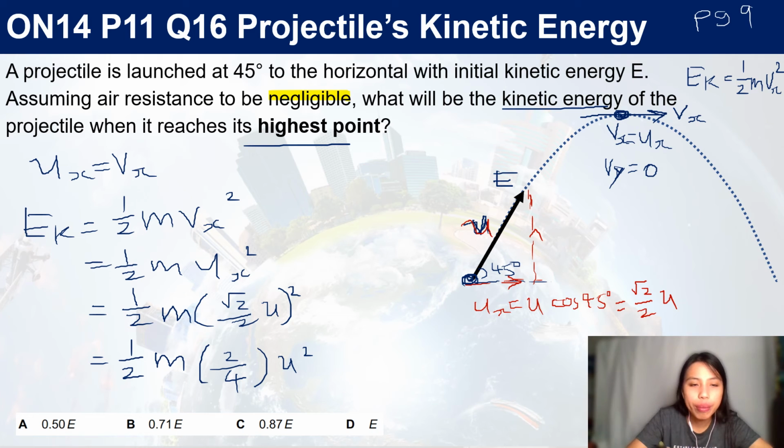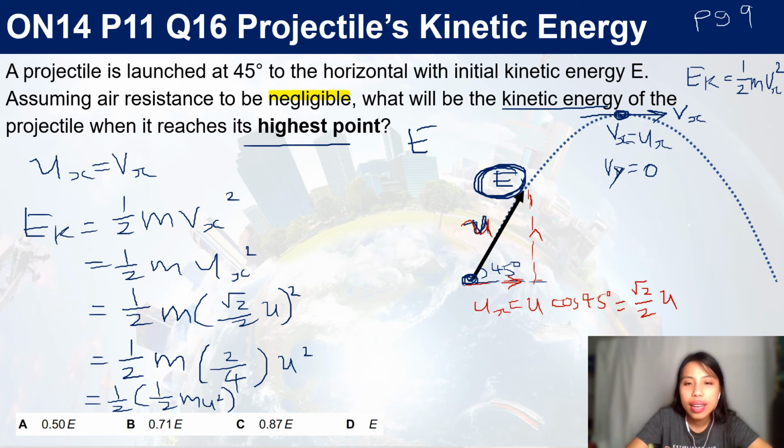Okay, you're like, wait, that's nowhere near what we're trying to find. How do we get there? Well, we're almost there. If I rearrange this a little bit, you will find out that it is half m U squared. How do I get it in terms of E? What is E? E is the initial kinetic energy.